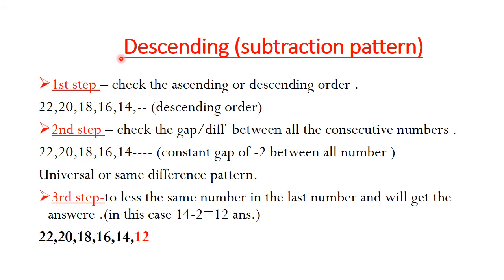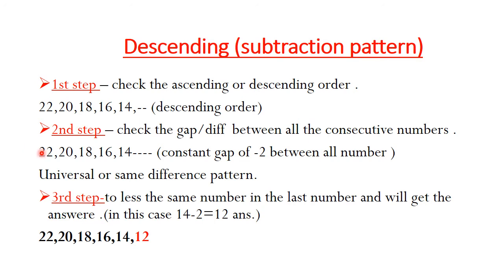Our next series will be the descending or subtraction pattern. Again, the first step is to check whether the series is in ascending order or descending order. Here we can simply see that it's all in descending order because it keeps on decreasing: 22, 20, 18, 16, 14. The second step is to check the difference between all the consecutive numbers.